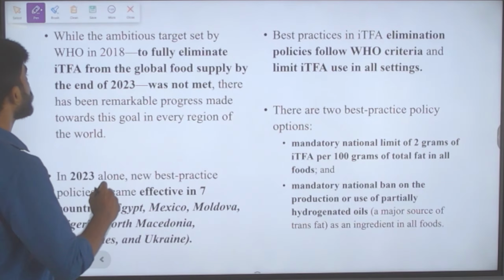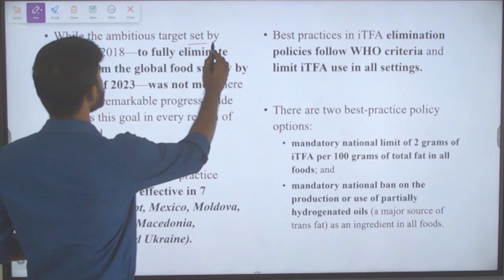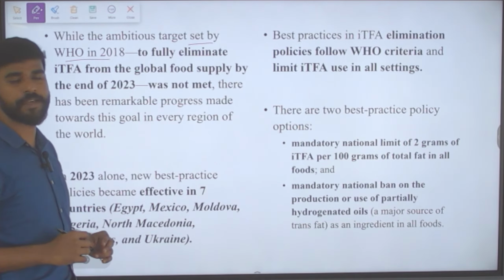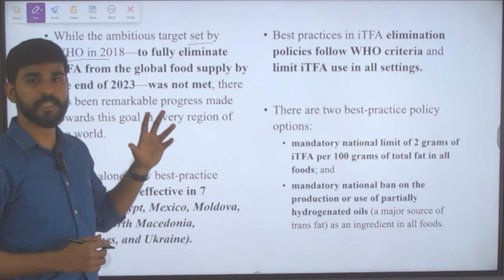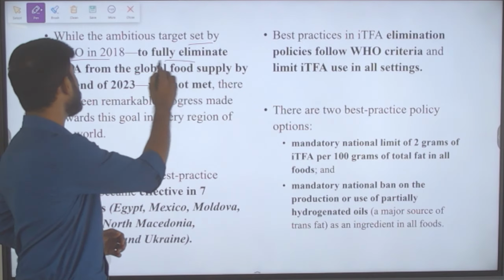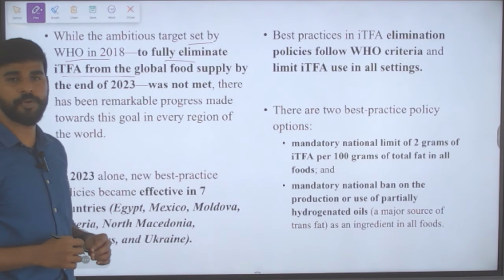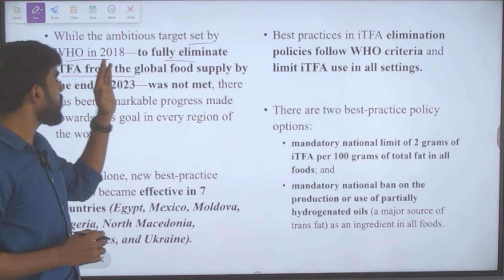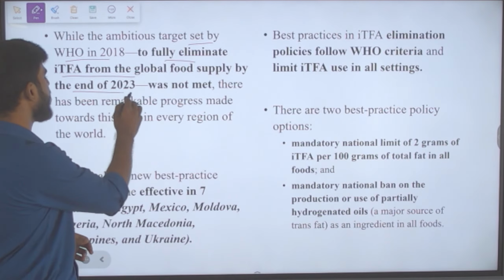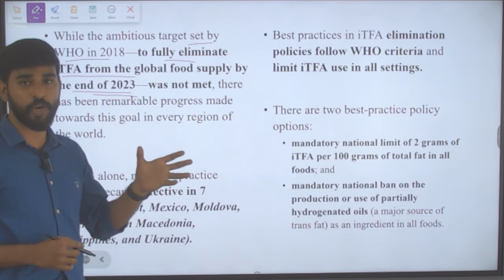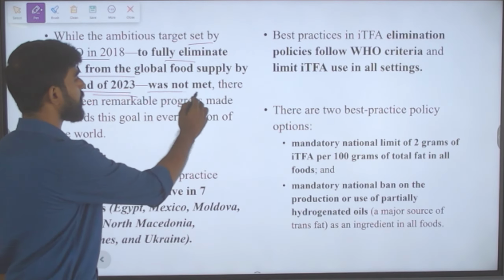Okay, so the ambitious target which was set by WHO in the year 2018, what was the target? It is to fully eliminate this industrially produced trans fatty acid from the global food supply by the end of 2023, but this was not achieved. Okay, so it was not met.